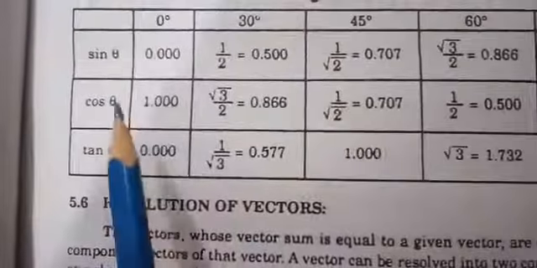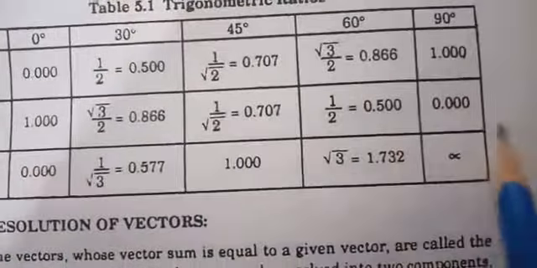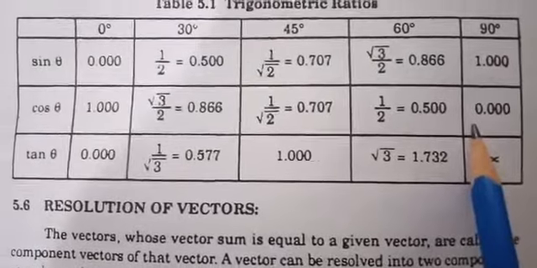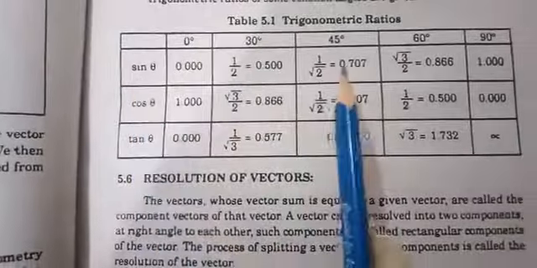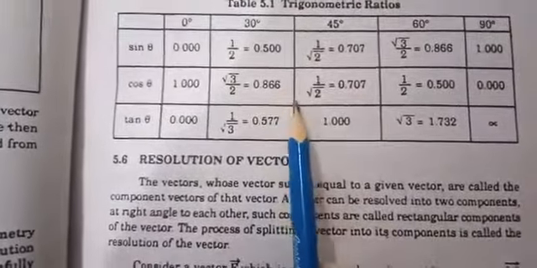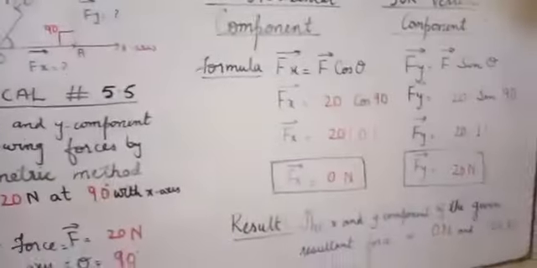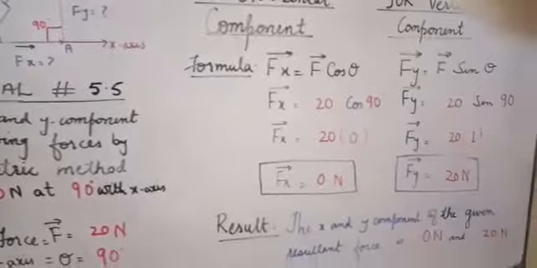Clear? And the value of cos 90 is equal to 0. Got the point? Table on page number 77. So I think it's clear up to this point that we have put the same values given in the trigonometry ratios table, and with the help of that you are able to get the answers for the horizontal and vertical components.